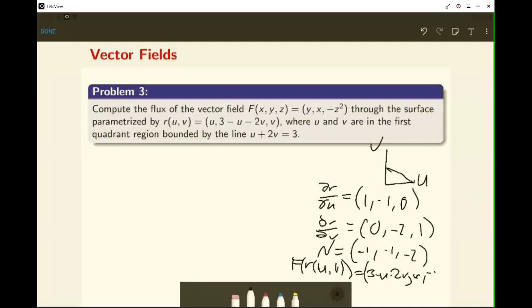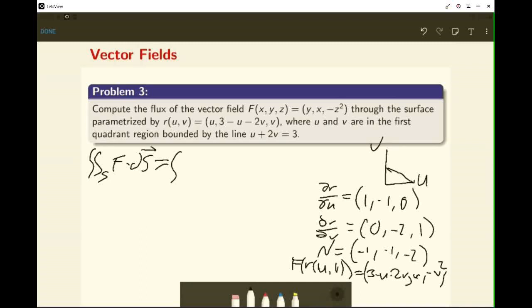And the z component is v, so minus z squared is just minus v squared. And so then our integrand is just going to be the dot product of those last two vectors. That's f dot the thing that we want.